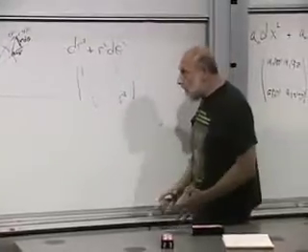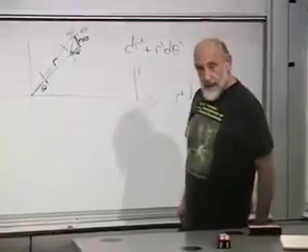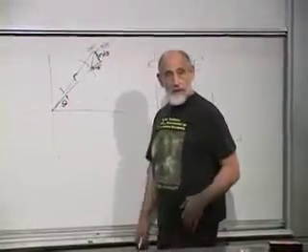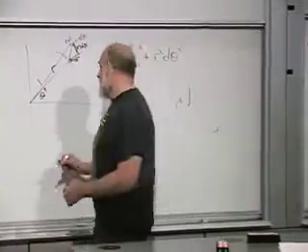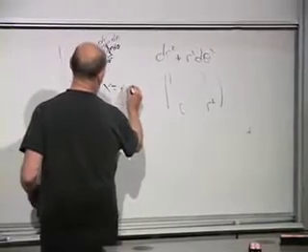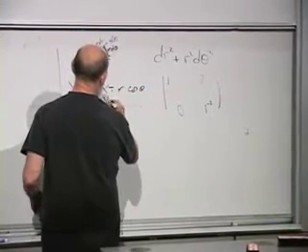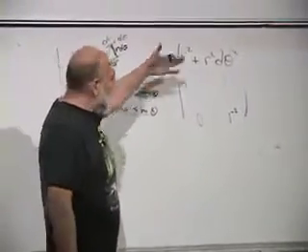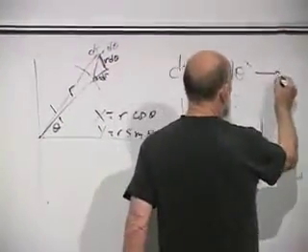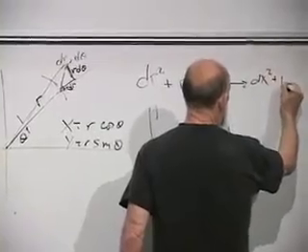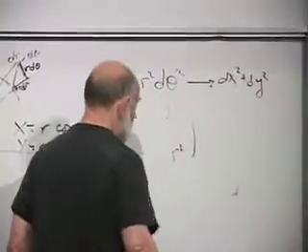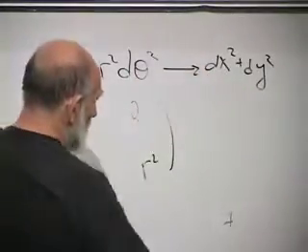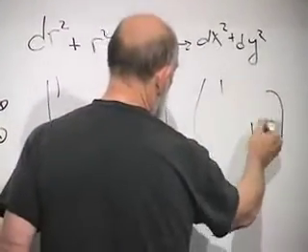But what I can do is revert back to x and y coordinates. X equals r cosine theta, y equals r sine theta. Rewrite this expression, and lo and behold, it just becomes dx squared plus dy squared. In which case, the metric in these coordinates is just good old 1, 1, 0, 0.